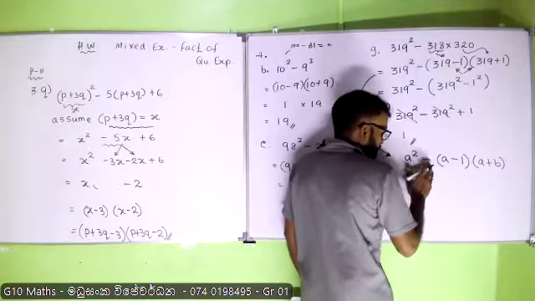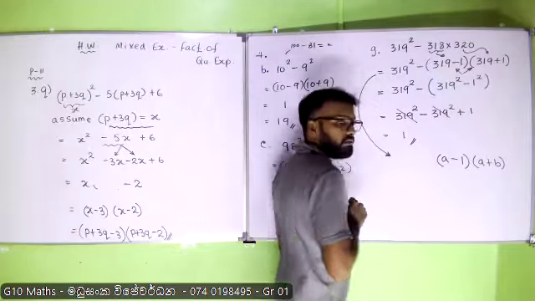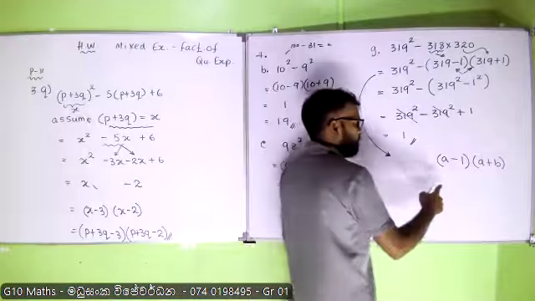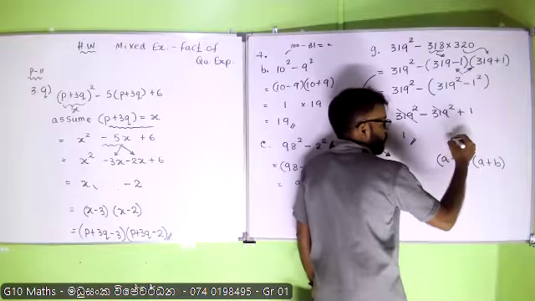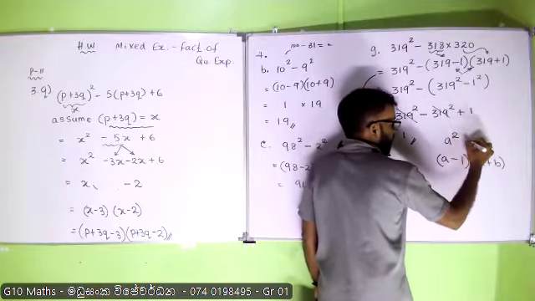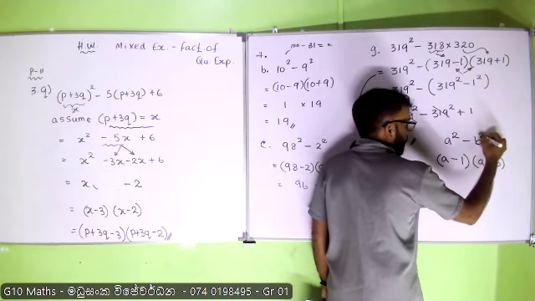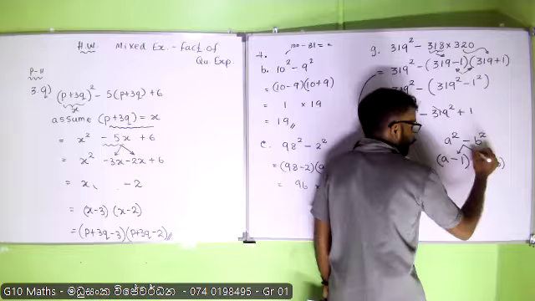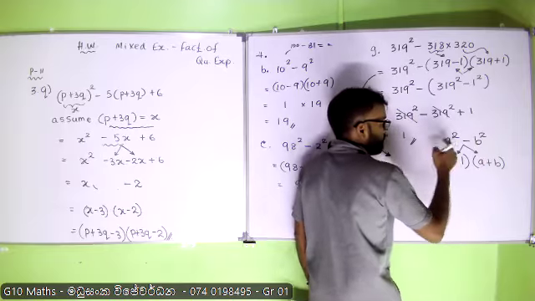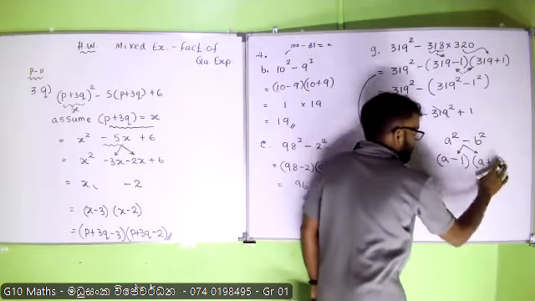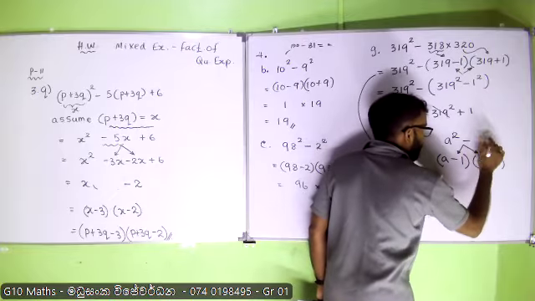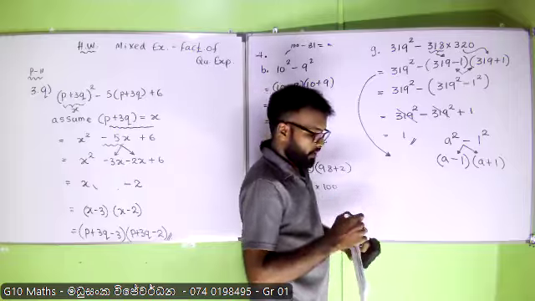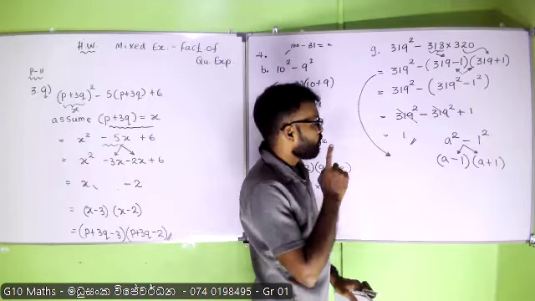Now, forget this part. Now we have this. A to the power 2 minus 1 to the power 2.